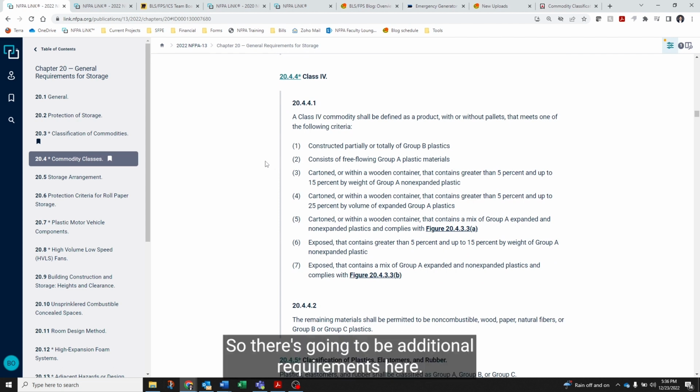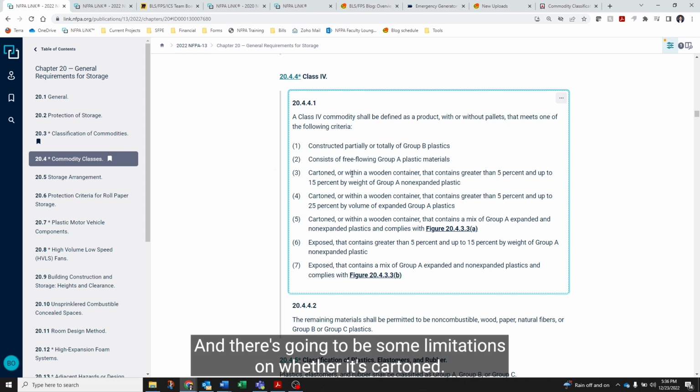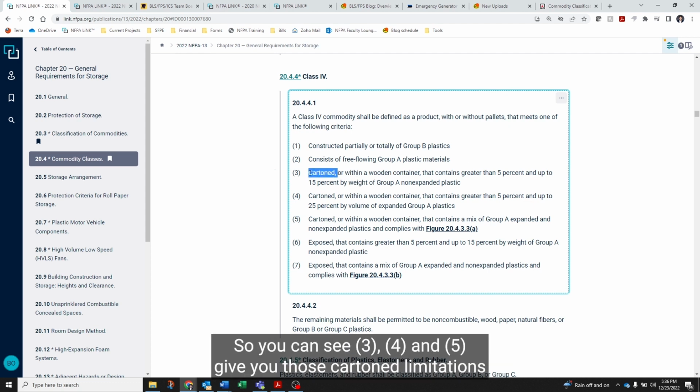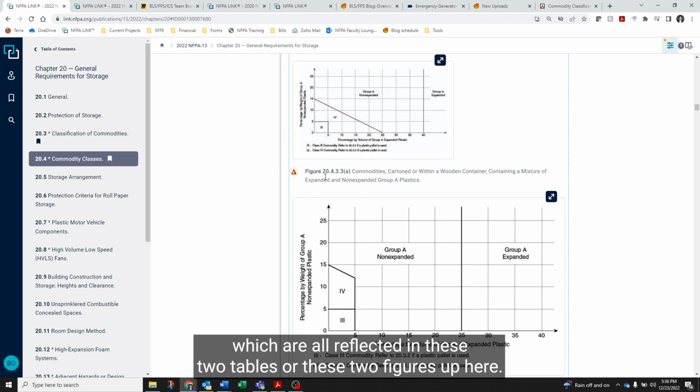So there's going to be additional requirements here. It says it can consist of free-flowing Group A plastic materials, and there's going to be some limitations on whether it's cartoned. So you can see 3, 4, and 5 give you those cartoned limitations, and then items 6 and 7 give you those exposed limitations, which are all reflected in these two tables, or these two figures up here.